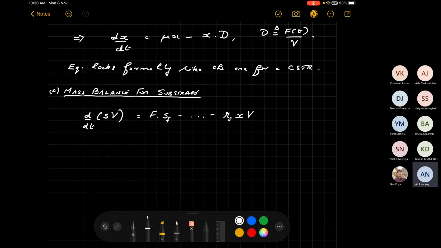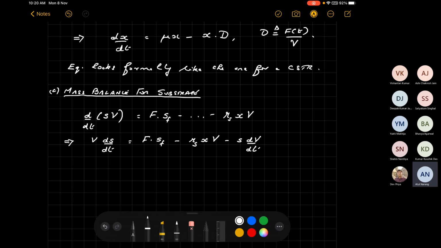Once again, use the same trick. You can pull V out, and write it as V times dS/dt plus S times dV/dt. Now we'll skip one step. Just move that term over to the right hand side. You get F times SF, and on the right hand side, minus Rs times X times V, minus S times dV/dt.